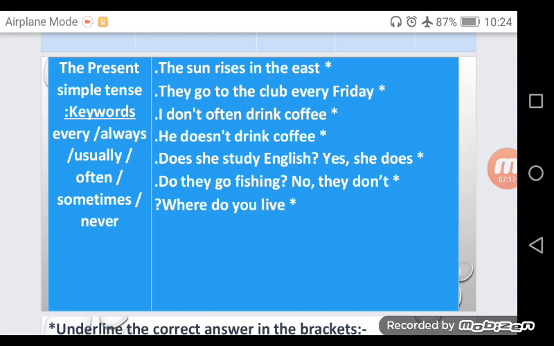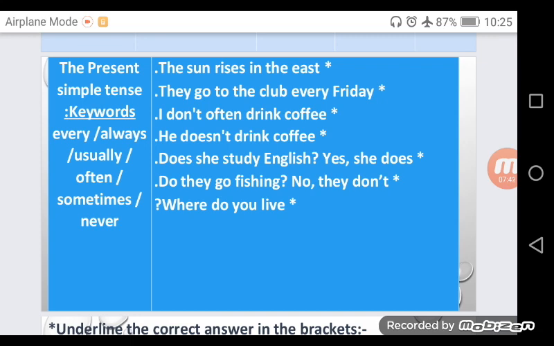Yes, it looks like present, but here we call it infinitive. Do they go fishing? No, they don't. Do, because the subject is they. Go is in the infinitive form. So these two questions, beginning with do and does, we call them yes, no questions.